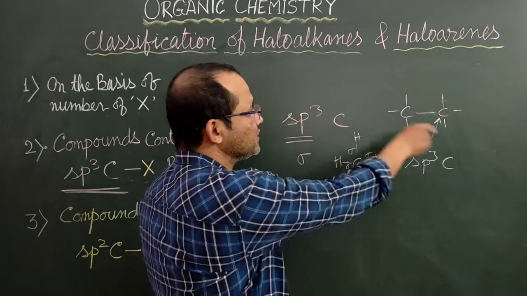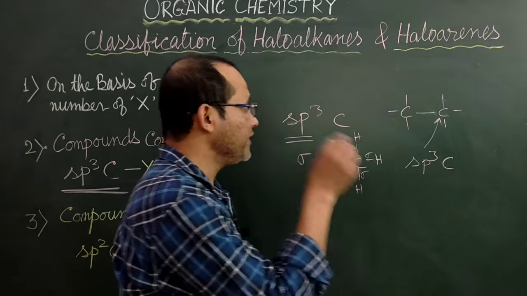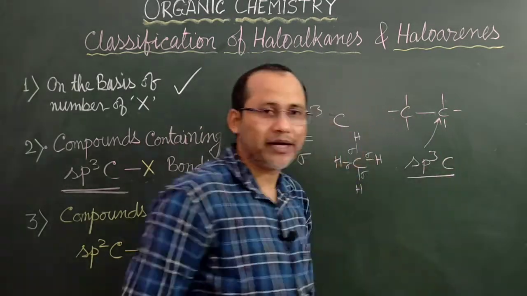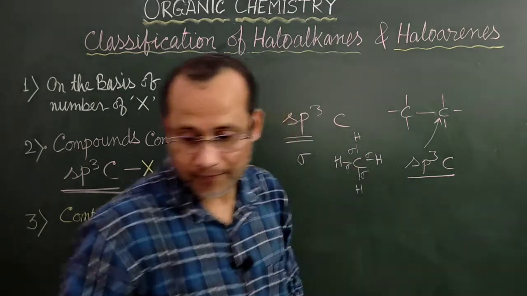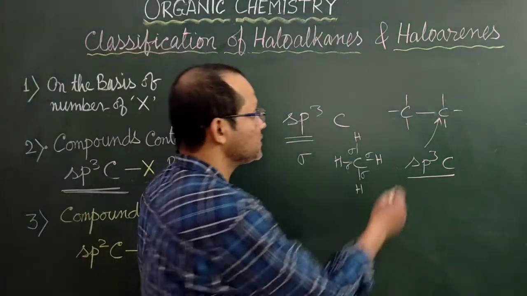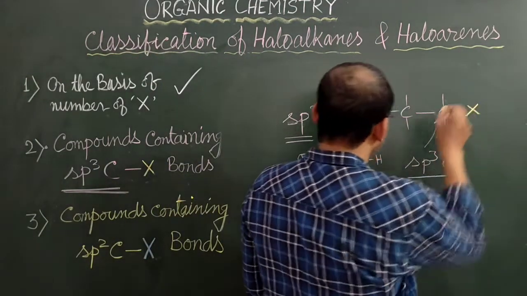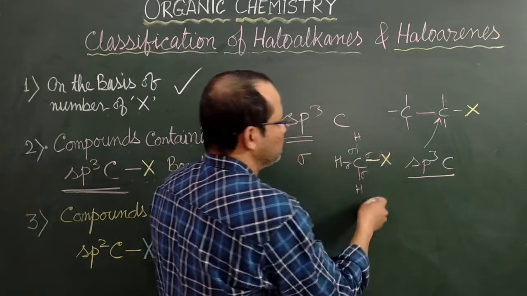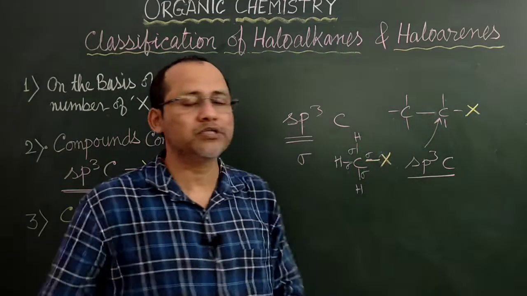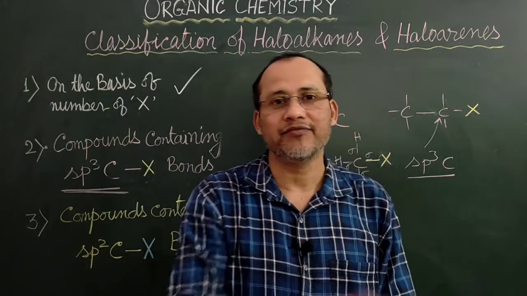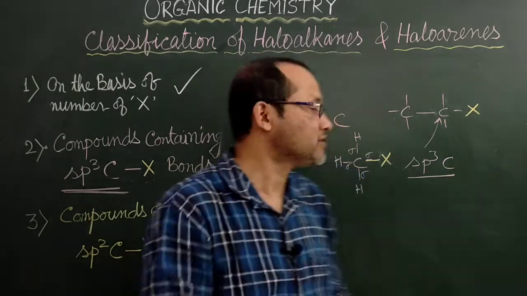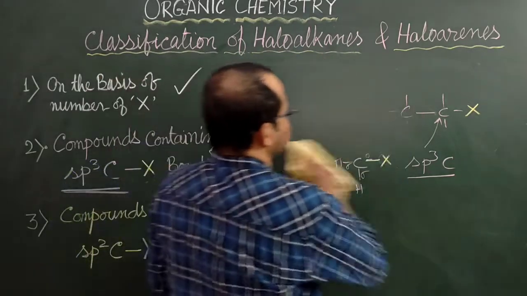So depending on this, any compound where an sp3 carbon atom is linked to a halogen atom, like this one, this type of compound may be further classified into 3 basic categories. Let me discuss one by one.